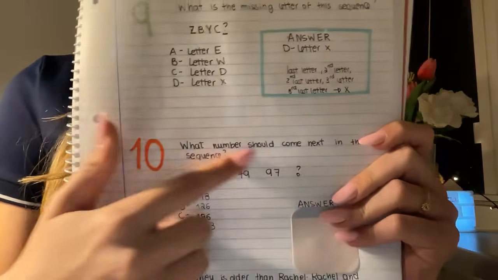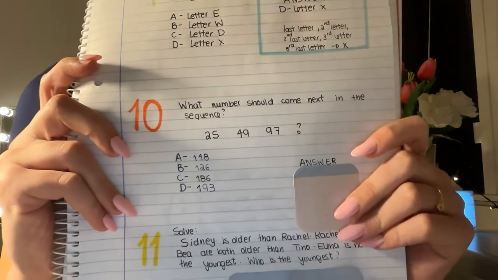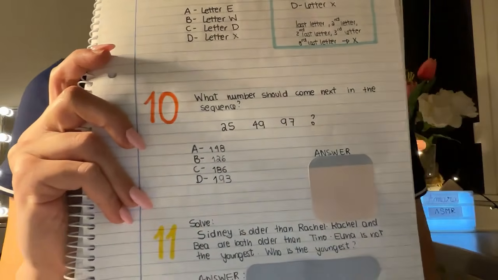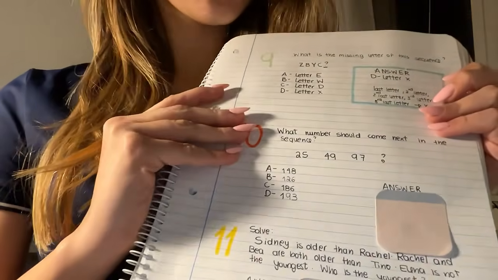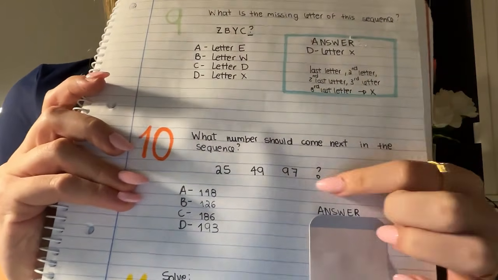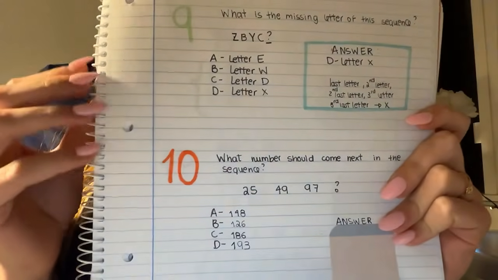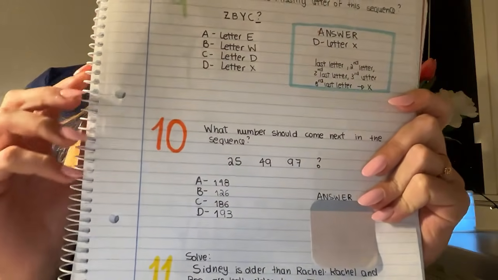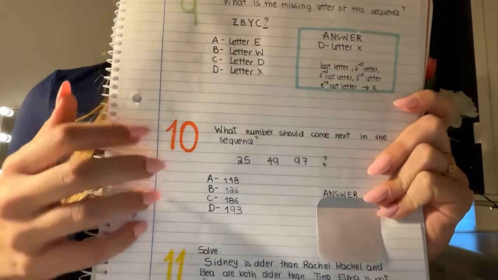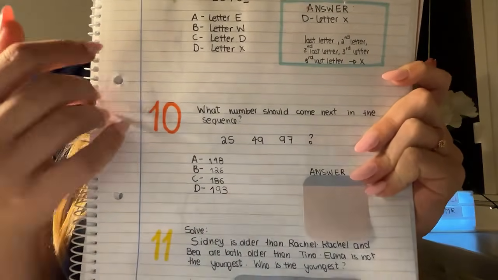So this time we don't have as many numbers shown in the sequence. So I'll give you some time to think about this one. So 25, 49, 97, and then question mark. What is the number that should fill out this question mark? A, B, C, or D? Take a look at the numbers and at the options.